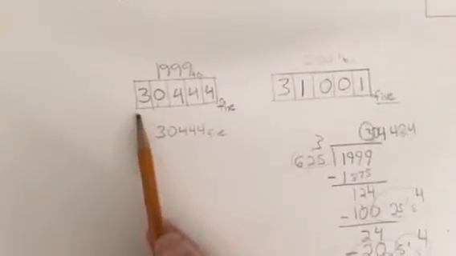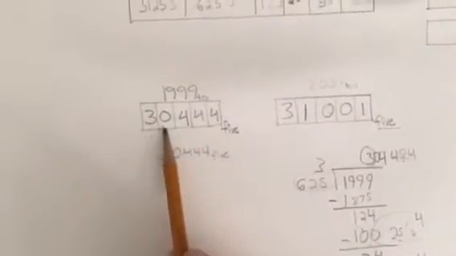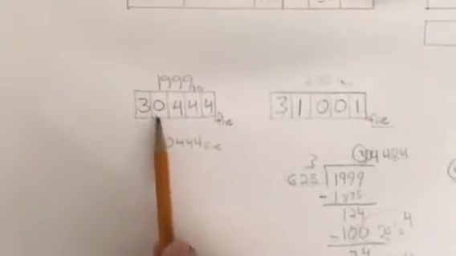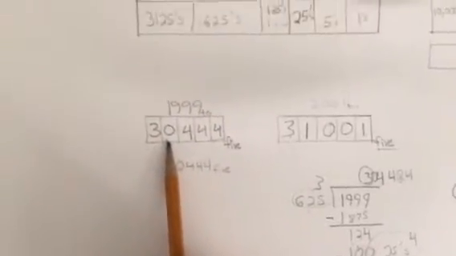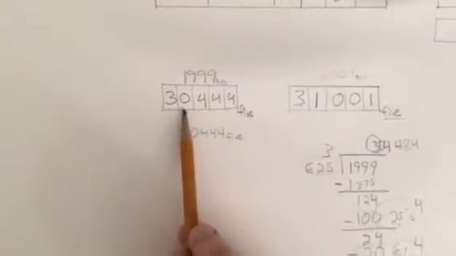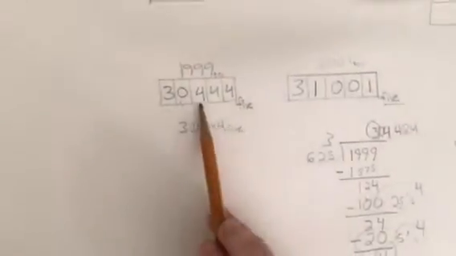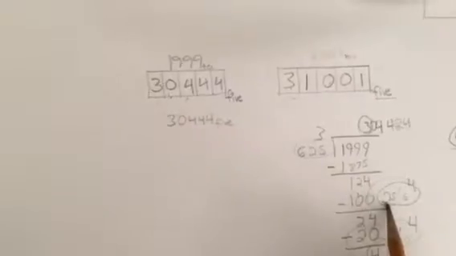Come up here, you have 3 in the super bundles. You don't have any 125s because it's a 124. You can't write that as a 125. It's a completely different number. So then you have a 0 for the placeholder. Then you have 4 25s.